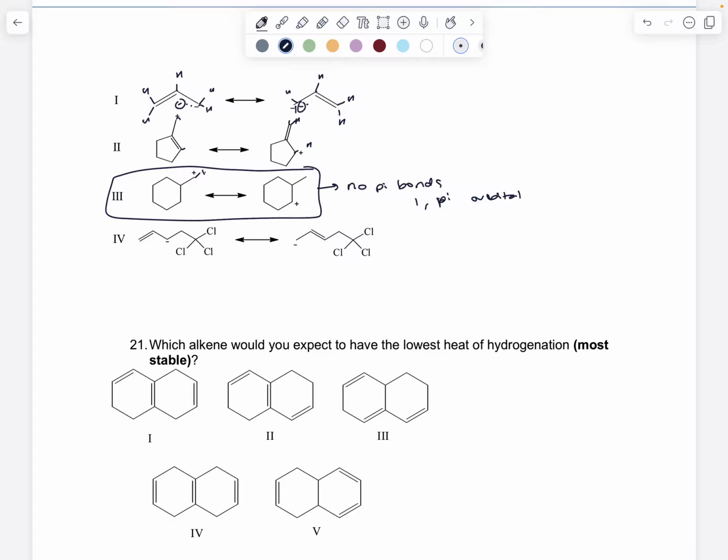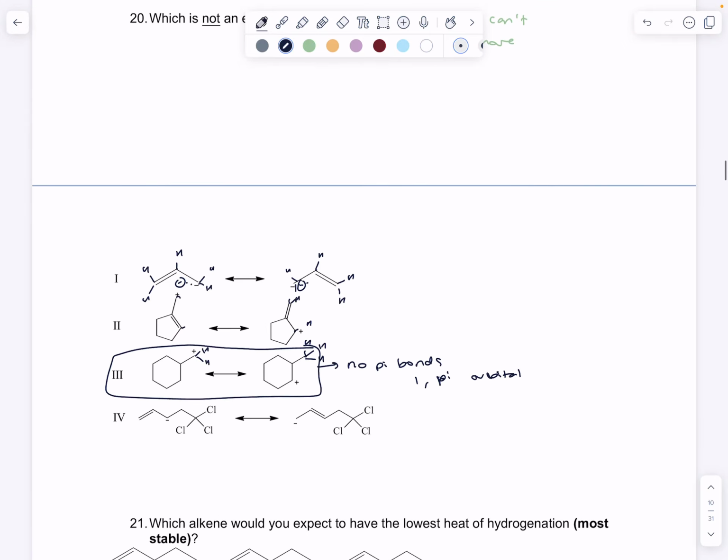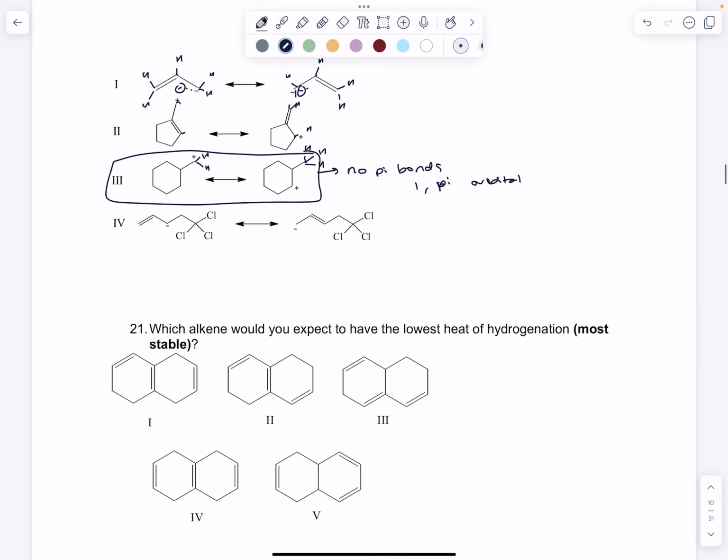But if I draw in these hydrogens, there must only be 2 for that to be positively charged, and this one has 3. So an atom has to move, so this one violates the rules, and so I'd say this one is not an example of resonance. And just to make sure, I check my last one. 2 hydrogens here, 1 here with this lone pair. 2 hydrogens here with a lone pair, and 1 here. So, yep, I feel good about that.